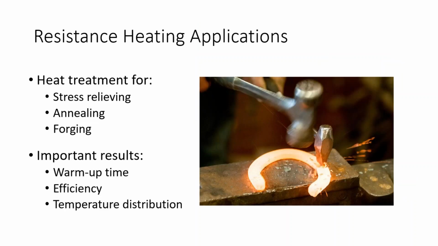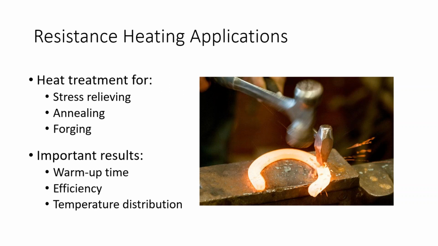So some of the most important applications of the resistance heating method are stress relieving, annealing, and forging. You would apply resistance heating on a specimen, on a workpiece, to raise its temperature and make it suitable for further machining and further use.